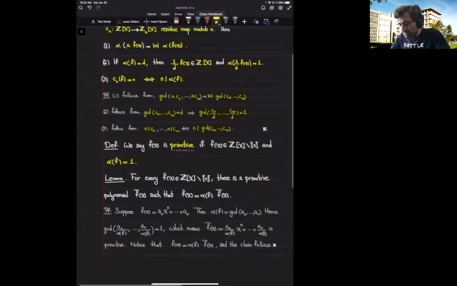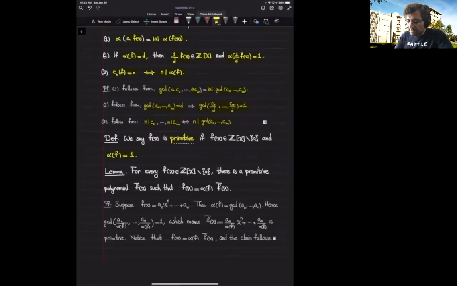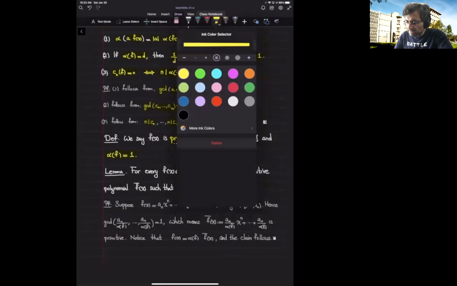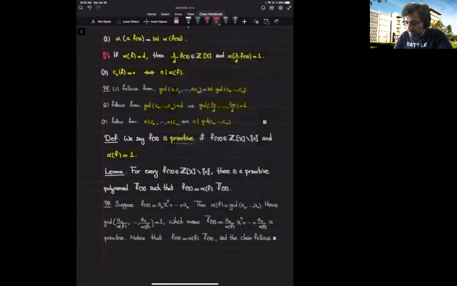So if you think about it, by property 2 of content, when alpha of f is d, and I divide by that, I'm going to get a polynomial that is primitive because its content is 1. So this is a primitive polynomial.